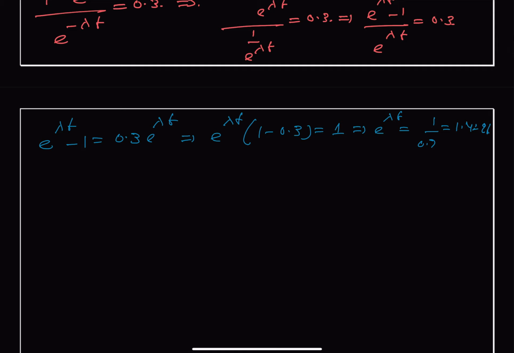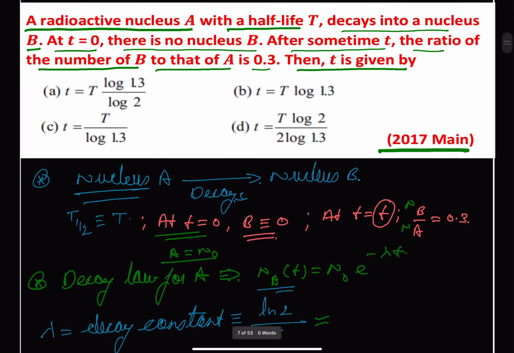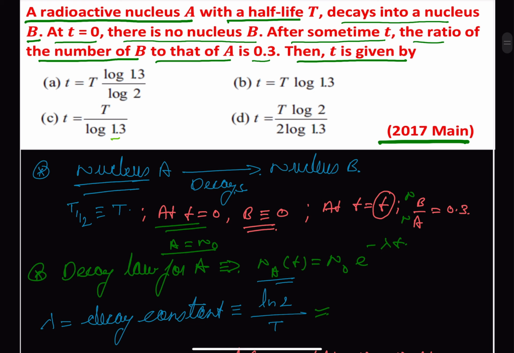And from here we can write that lambda t is equal to natural log of 1.4286, and this can be approximately equal to natural log of 1.3, because if you check the options, it is always in terms of 1.3.